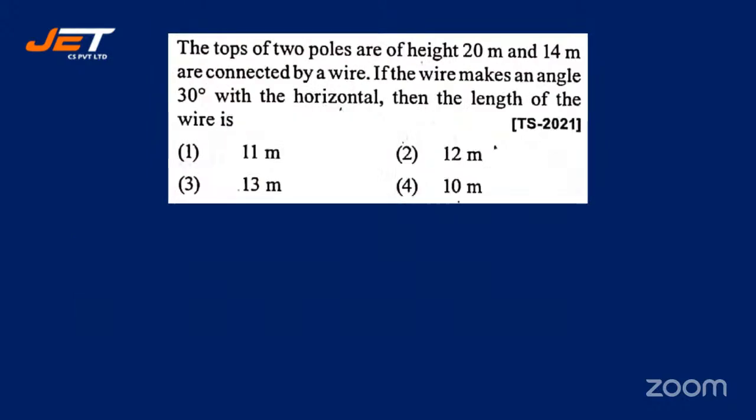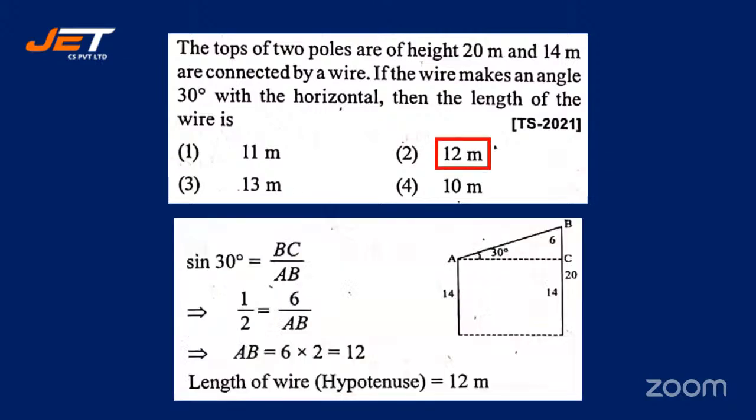See the next question. The tops of 2 poles are of height 20 meters and 14 meters. They are connected by a wire. If the wire makes an angle 30 degrees with the horizontal, then the length of the wire is dash. So we have 4 options. All right, so let's see the answer here.